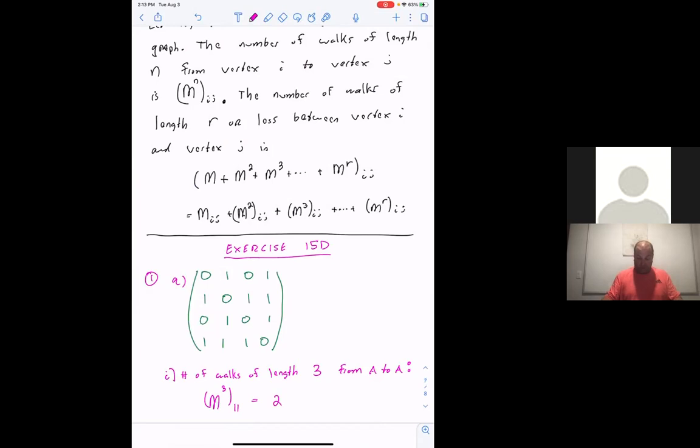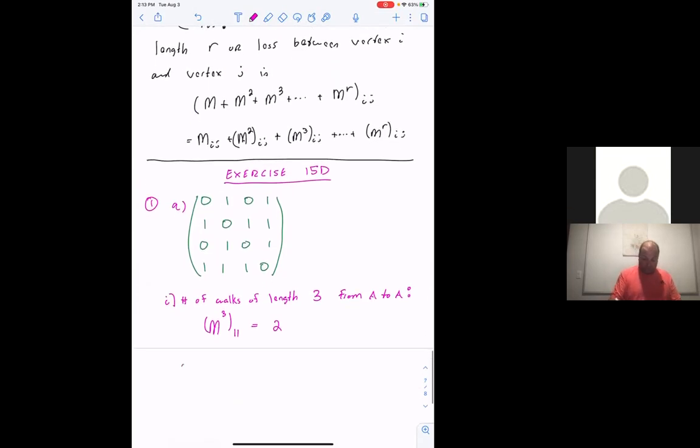And just for fun, let's list them. What are they? Starting at A, we go somewhere, and then we end at A. So we have A, B, D, A, or A, D, B, A. Cool.